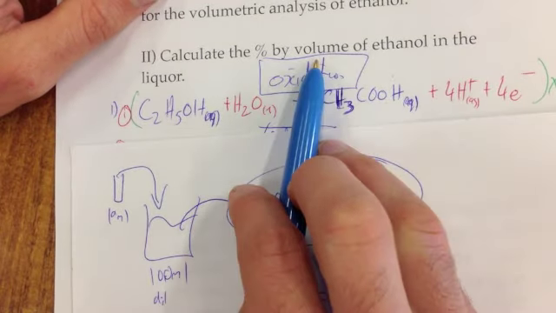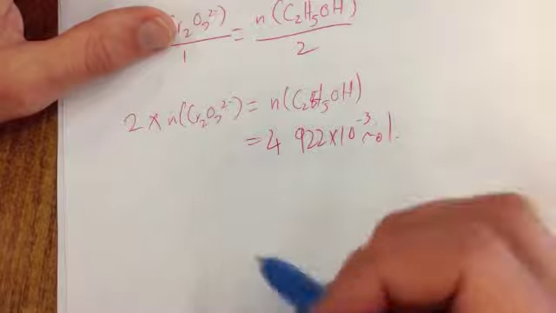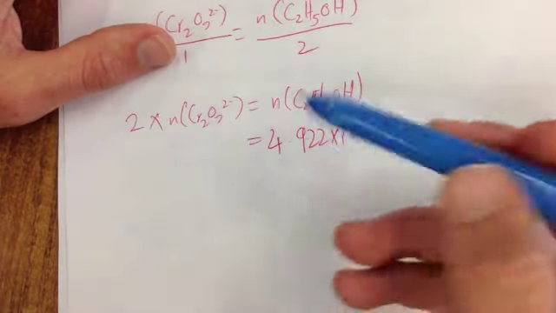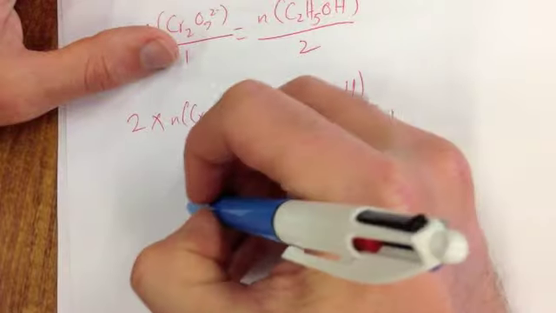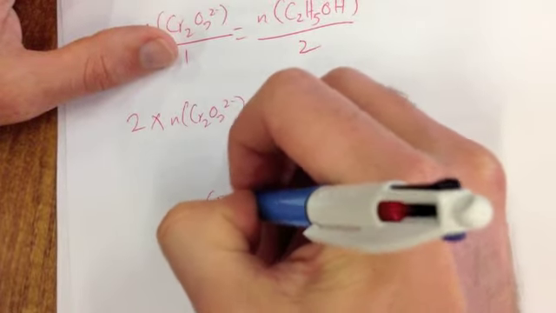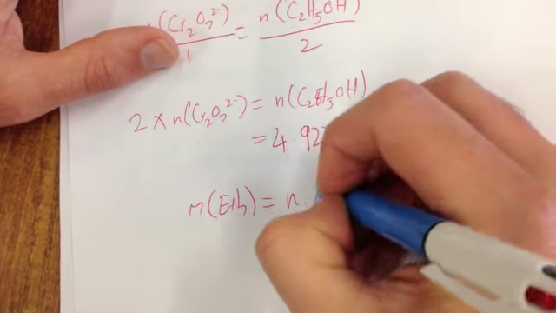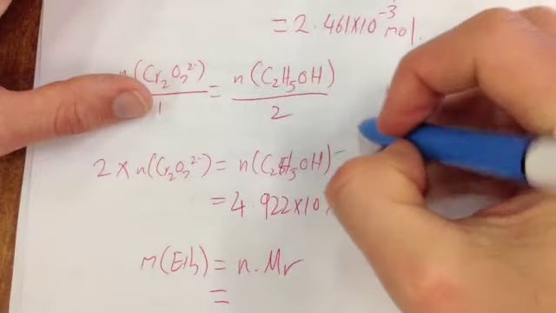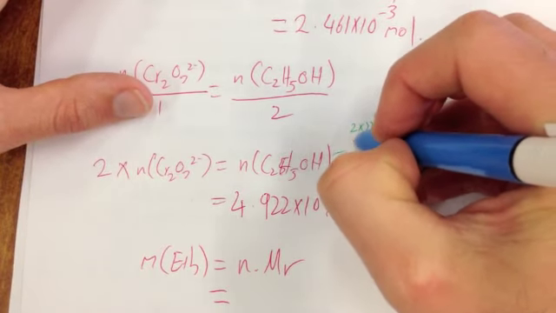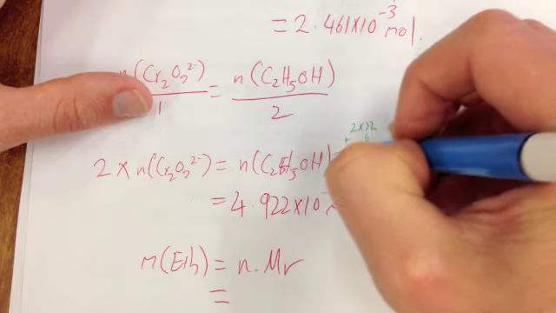Percentage by volume of ethanol, we need to go into grams first, and then we can go from grams into mils if we want to. But we'll go for mass of ethanol. I'm just going to call it F now because it makes it a bit easier for me. Equals number of moles times molar mass. My molar mass of ethanol is 2 times 12 plus 6 plus 16.